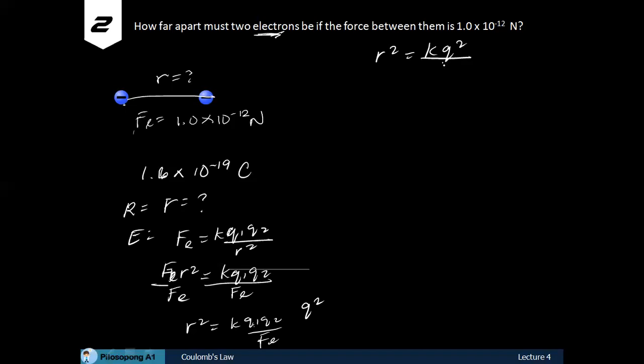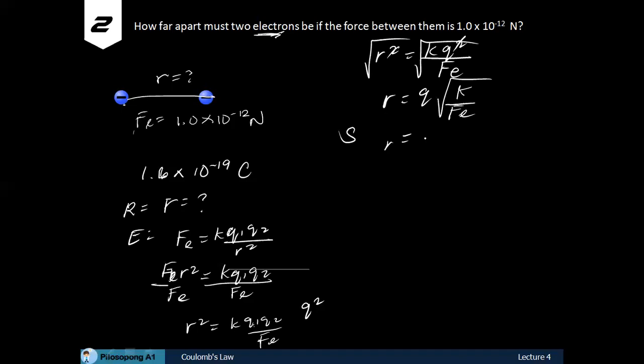Then we need to eliminate the square of R, so this will be R, and we get R is equal to Q times the square root of K over Fe. And we are now ready for our solution.